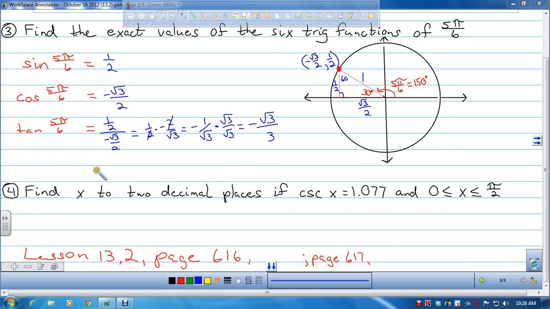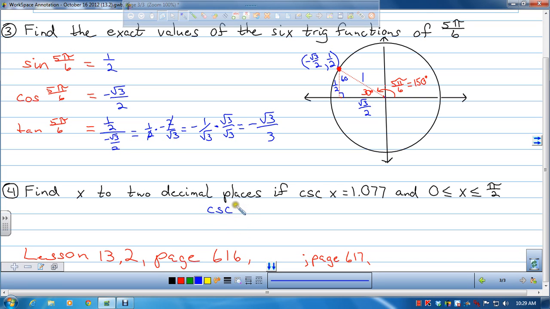Alright. Now, lastly, we're going to find x to 2 decimal places if the cosecant of x equals 1.077. So we're going to want to make sure that we are in radian mode, because it says it wants our answer between 0 and pi over 2. And I should know that pi over 2 represents radians. So if I'm looking for my value and I have the trig function or the circular function in there, what am I going to use?